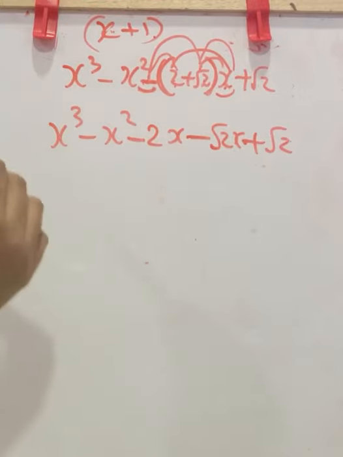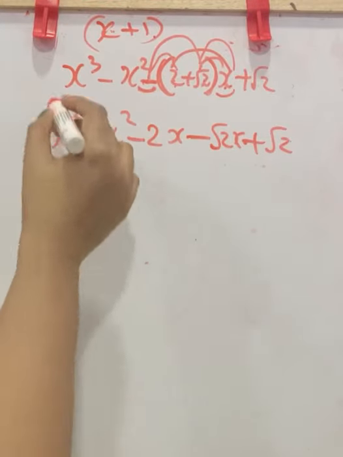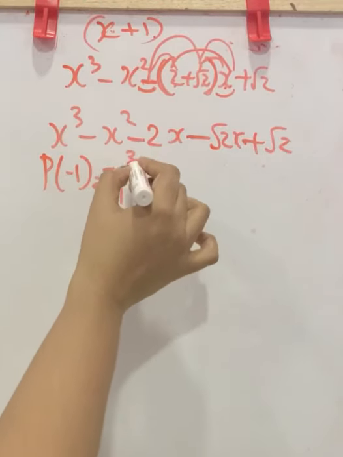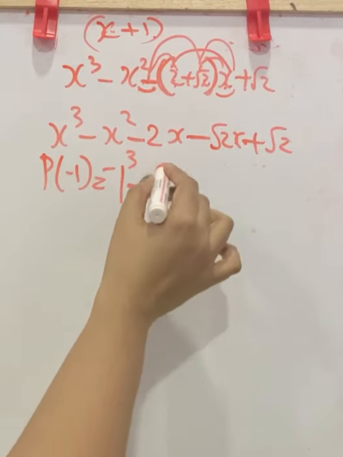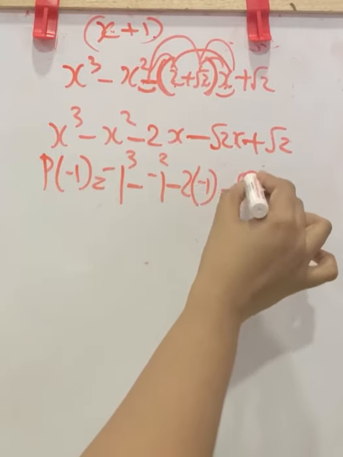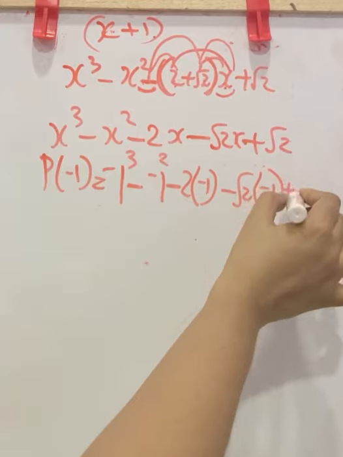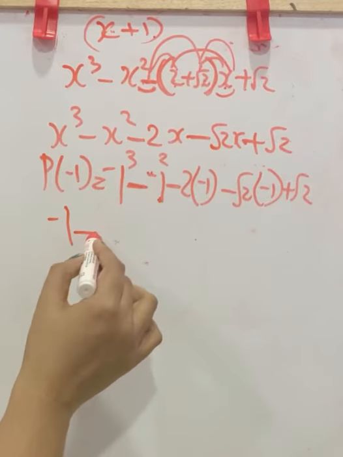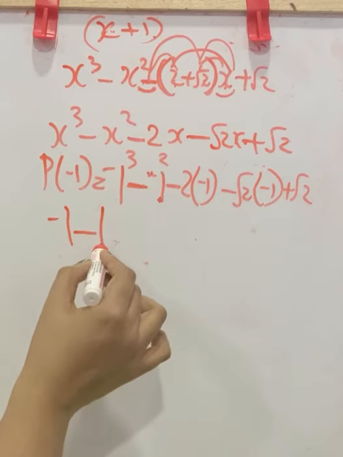Now here we are finding the value of p of negative 1. This becomes negative 1 cube minus negative 1 square minus 2 into negative 1 minus root 2 into negative 1 plus root 2. Minus 1 cube is minus 1. Here there is subtraction. Minus 1 square is positive 1.